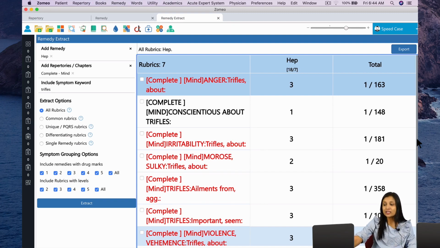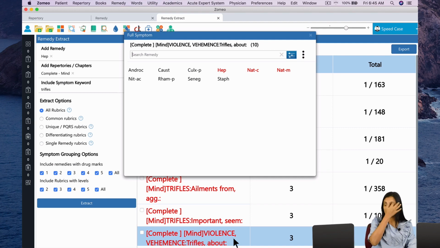Now there are only 10 remedies in this rubric. Click on the rubric to see which are the 10 remedies. And now you can see that Hepar Sulph occupies grade 3 in violence about trifles. There are many remedies that get offended about trifles, that are conscientious about trifles, that are irritated with trifles.